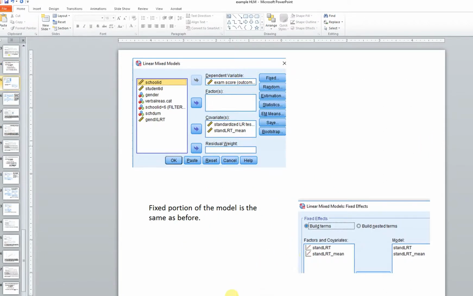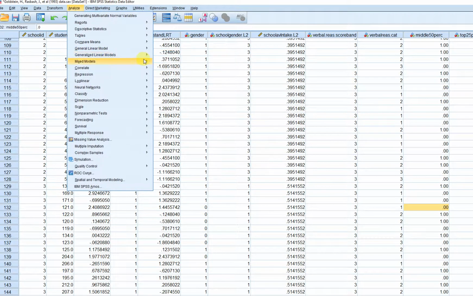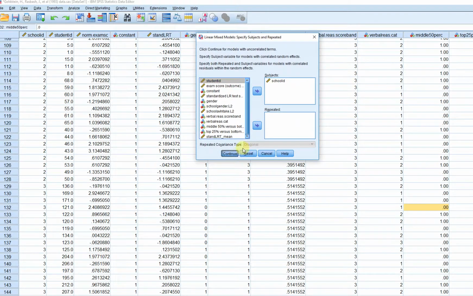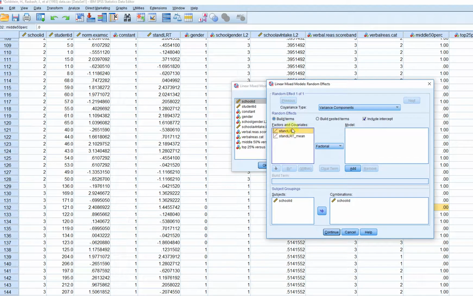So to model this, we are now going to go into our data set and click on linear, continue. We're going to click on random. And now we're going to move this variable over to this box. And this is going to indicate that the regression slopes for the London reading test at level 1 should vary across level 2 units.